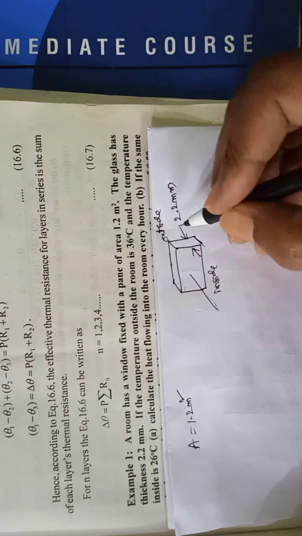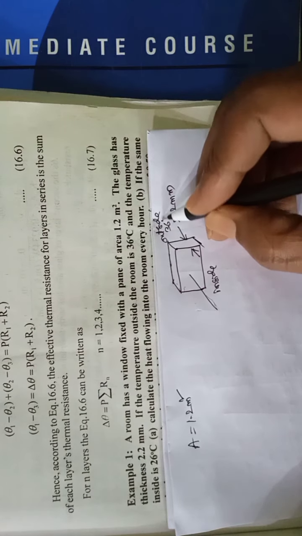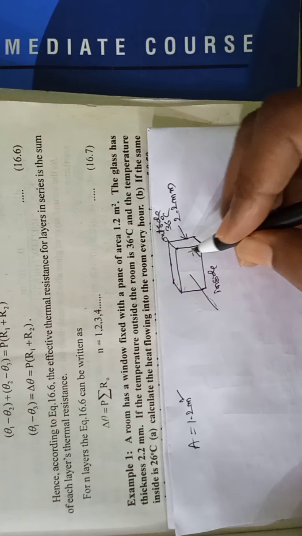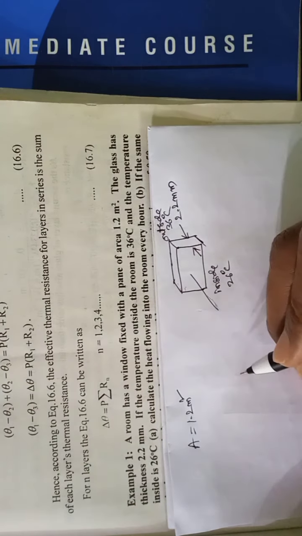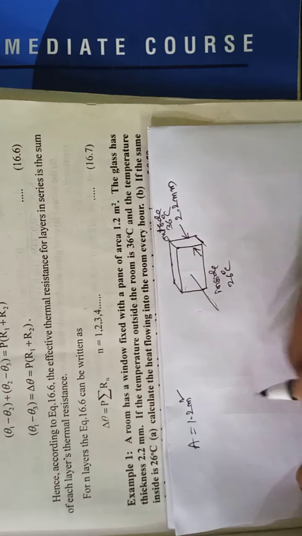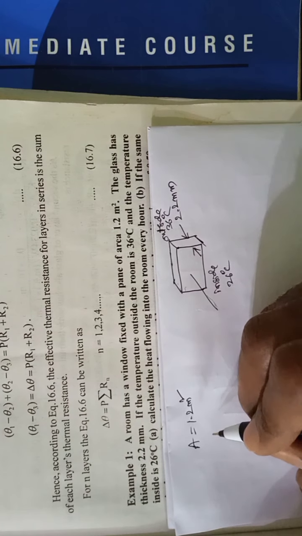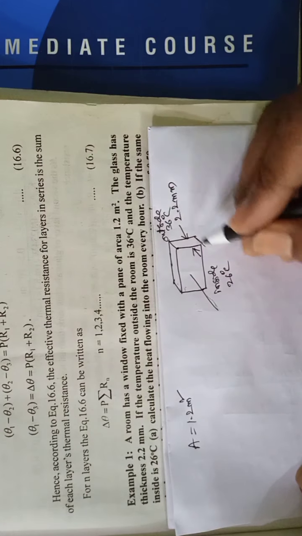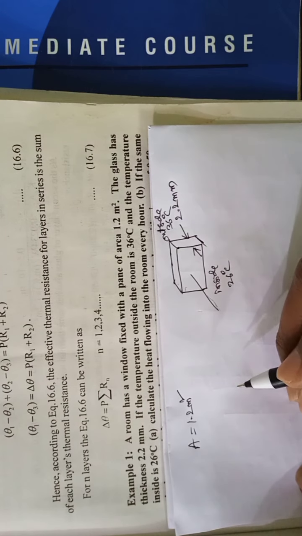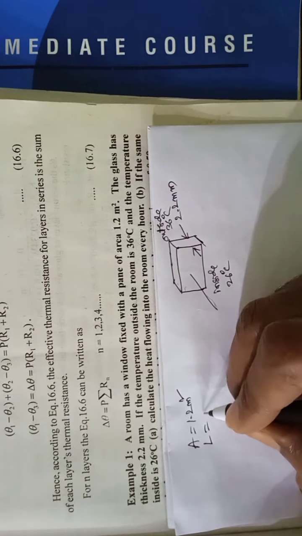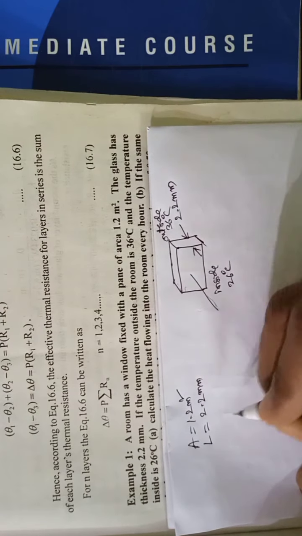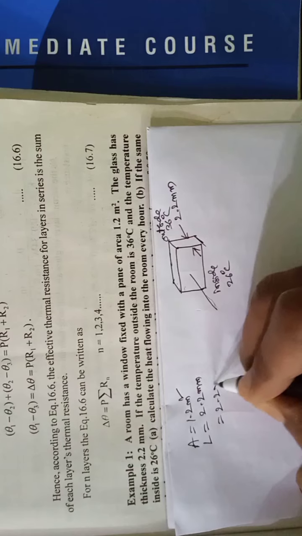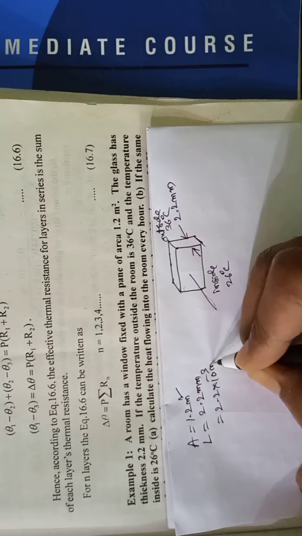If the temperature outside the room is 36 degrees centigrade and inside the room is 26 degrees centigrade. So now let us write the data. This becomes length of the bar, L is equal to 2.2 millimeter, means 2.2 into 10 power minus 3 meter.